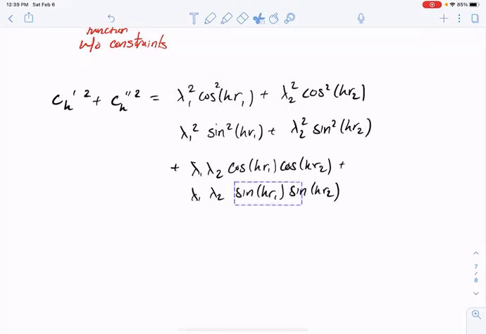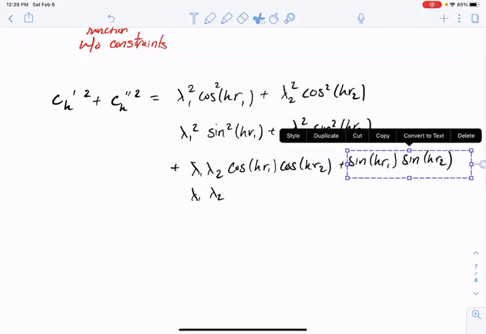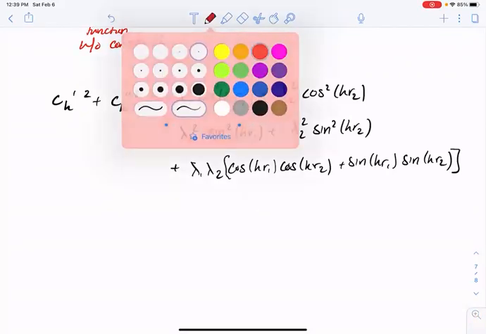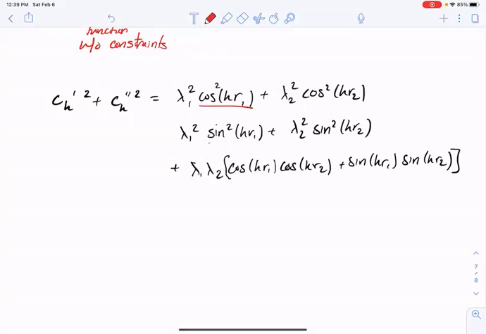Or putting this together, we get some real simplification. So cosine squared plus sine squared, hey, that's just 1. Cosine squared plus sine squared, that's 1.